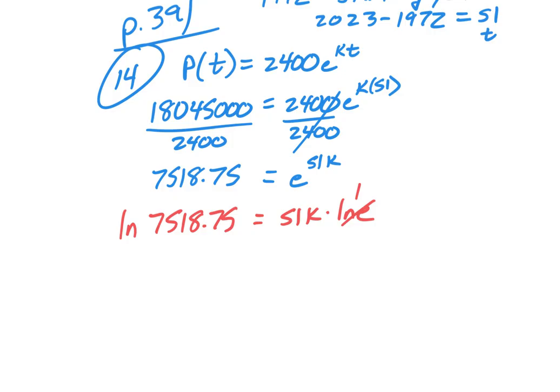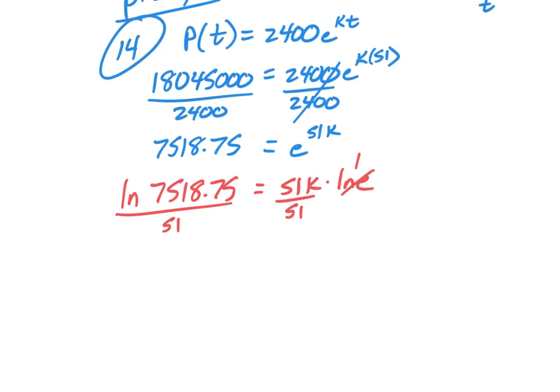So we're going to take the ln of 751875, the number that we just got, and divide by 51. Okay, and I'm going to round to the nearest thousandth, 0.175.